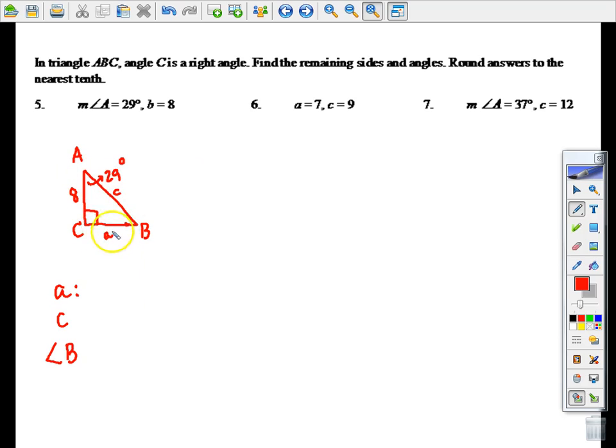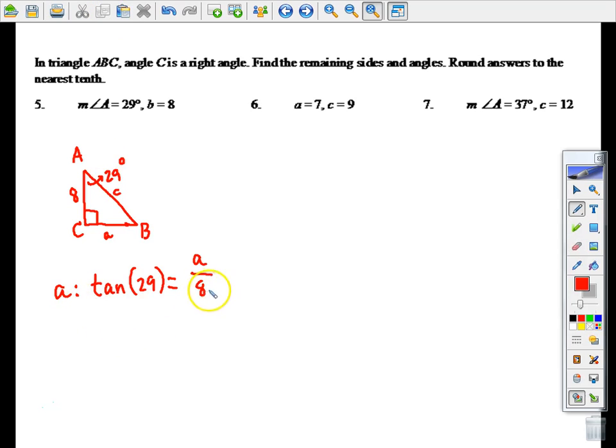So the way I'm going to find side A is by going with tangent of angle A, which is measured at 29 degrees. And that's going to equal the opposite side divided by the adjacent side, which is given. Okay, I'll give myself a little workspace and then we'll come back and fill in the answers.